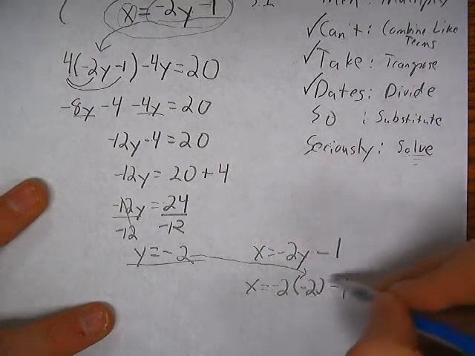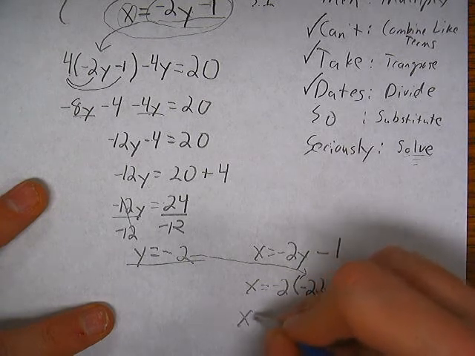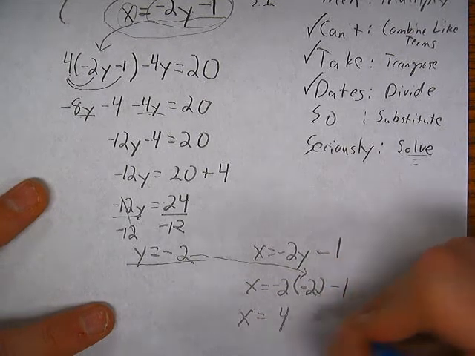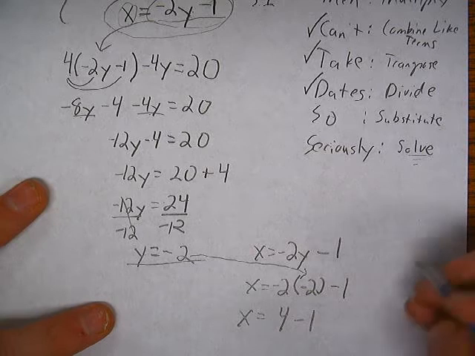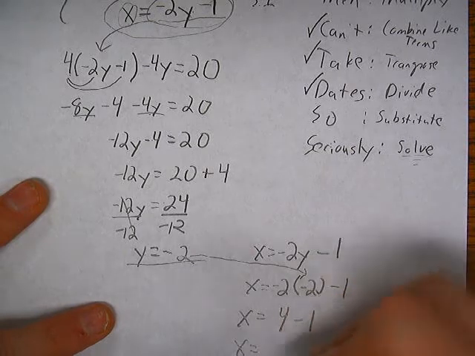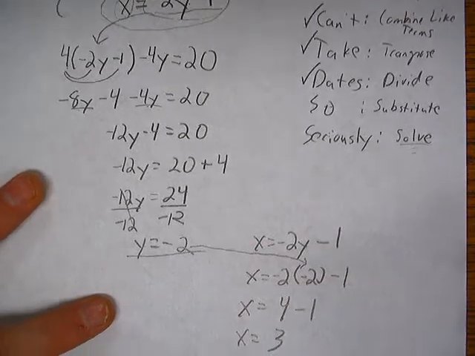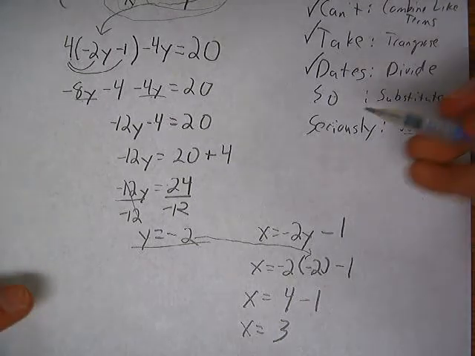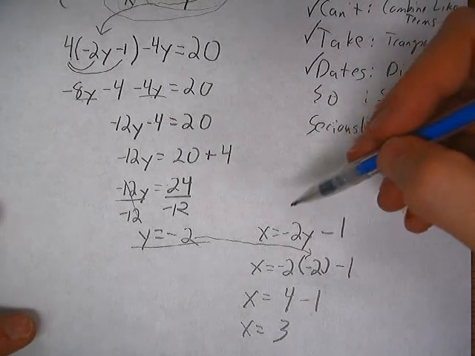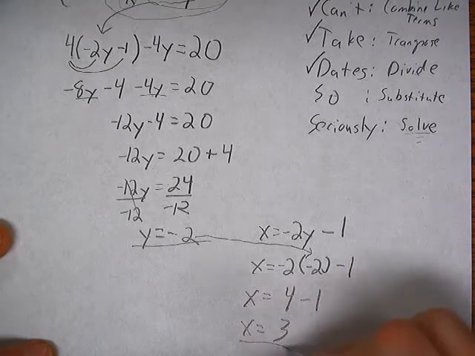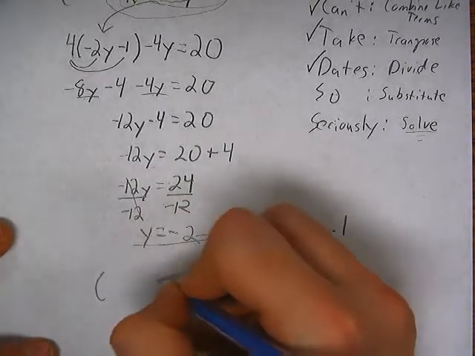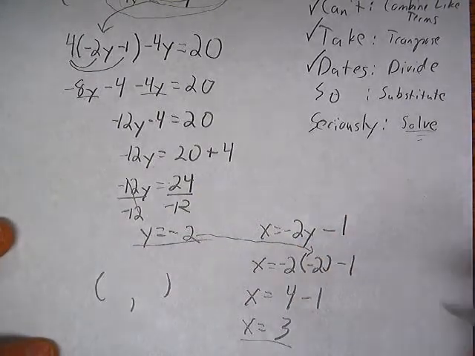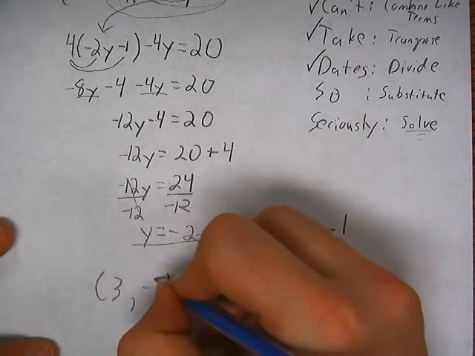In various times this can be a different type of thing. It's going to be x equals 4 minus 1. So x equals 3. If you remember from our graphing problems, all of our answers are written as coordinate pairs, and we're going to keep up the exact same format. So our answer is written as an xy pair with 3 and negative 2.